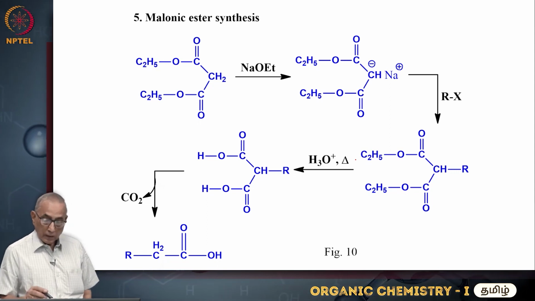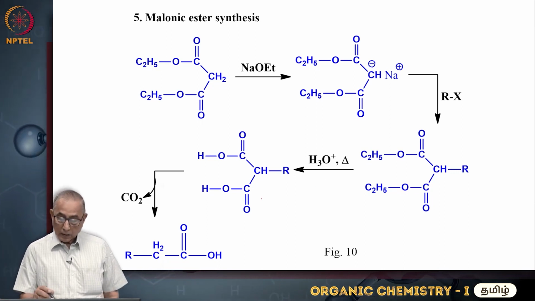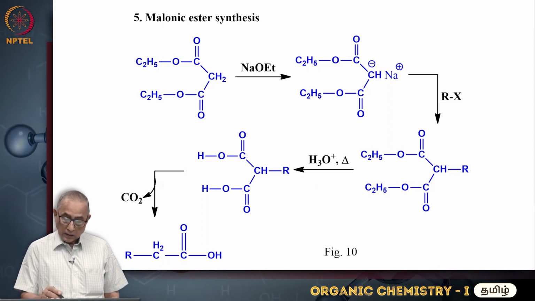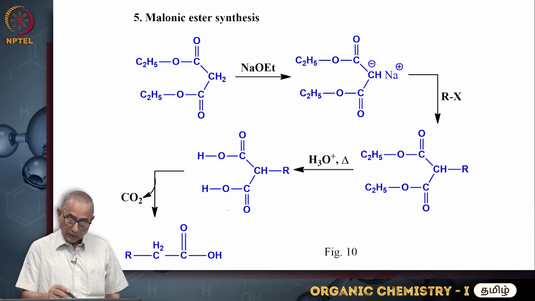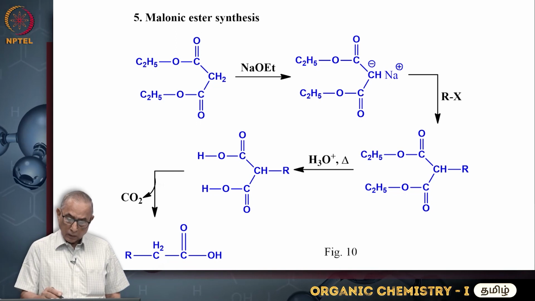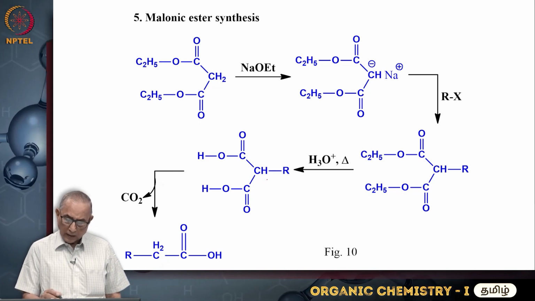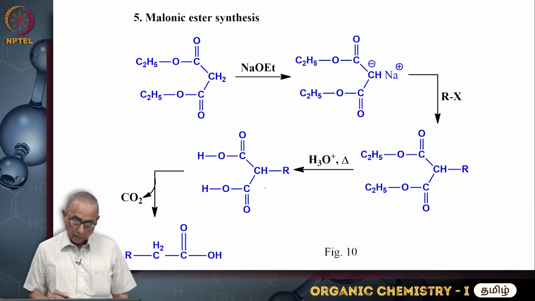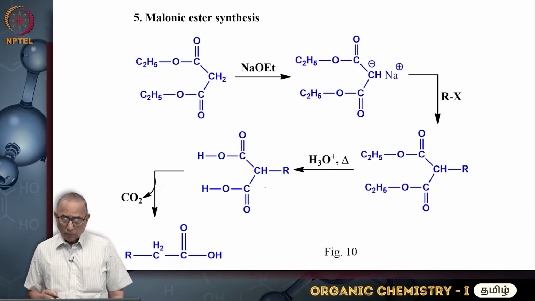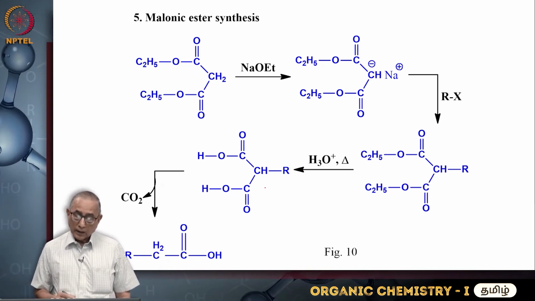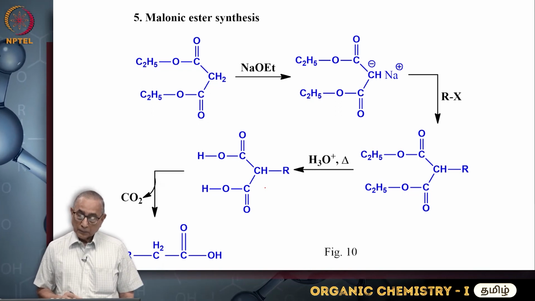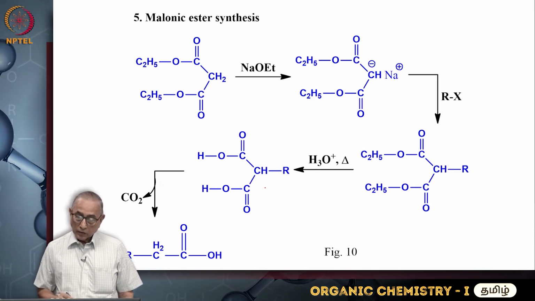When you hydrolyze it with acid, you get RCH(COOH)2. It's a dicarboxylic acid. These two carboxyl groups are attached to this one CH carbon. Previously we have seen that if two OH groups are on the same carbon, it will split water and form aldehyde or ketone.